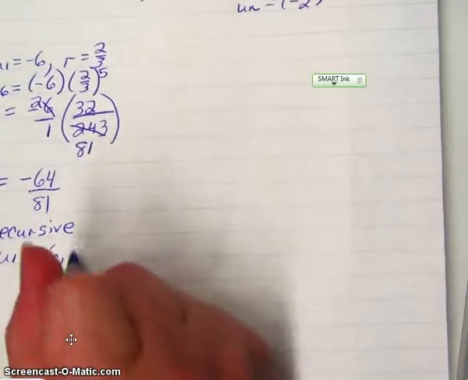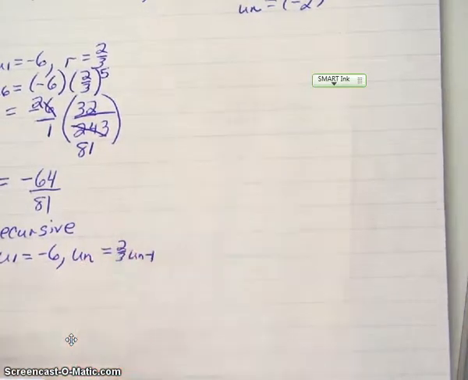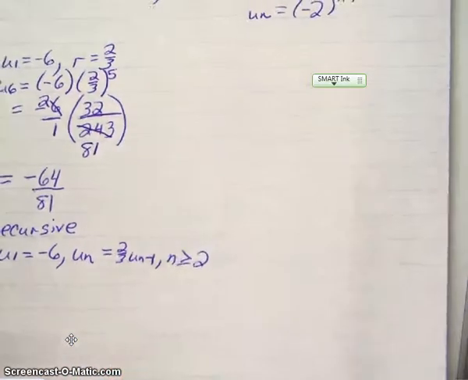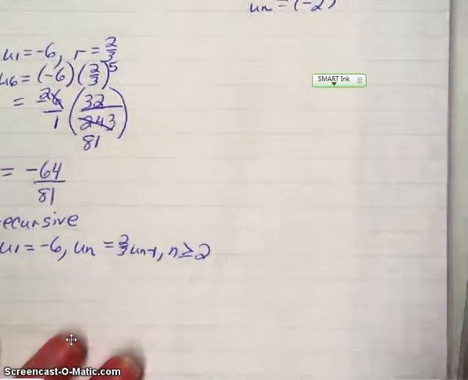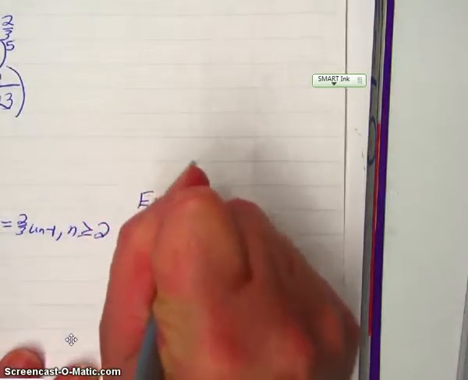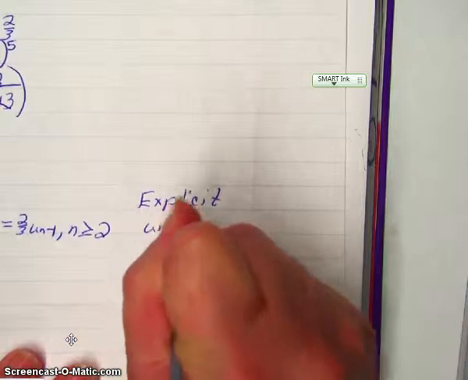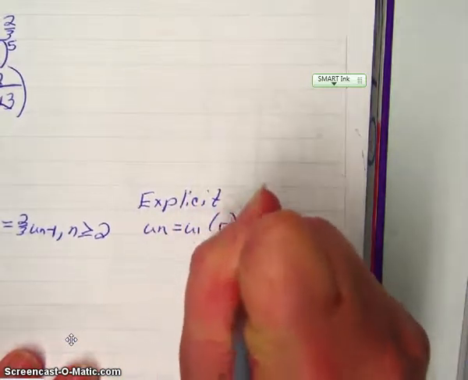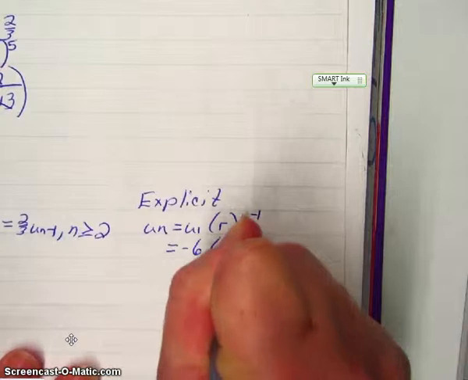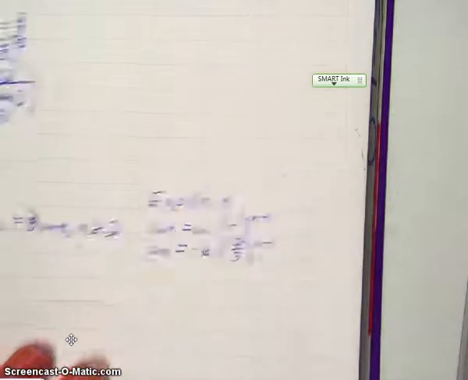So I've got u sub n is equal to 2/3 times the previous term for all n greater than or equal to 2. And then explicit is u sub n is equal to u sub 1 times r to the power of n minus 1, which is -6 times 2/3 to the power of n minus 1.